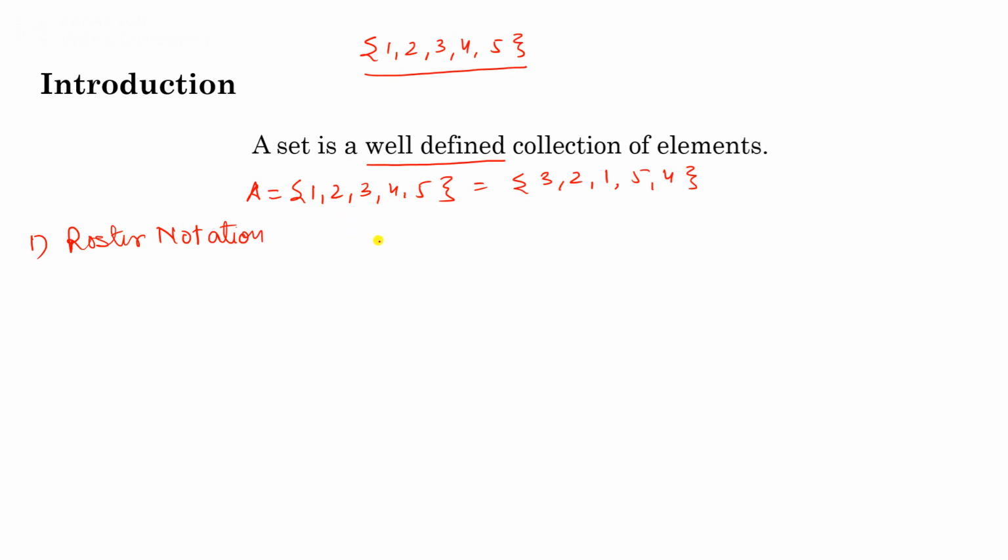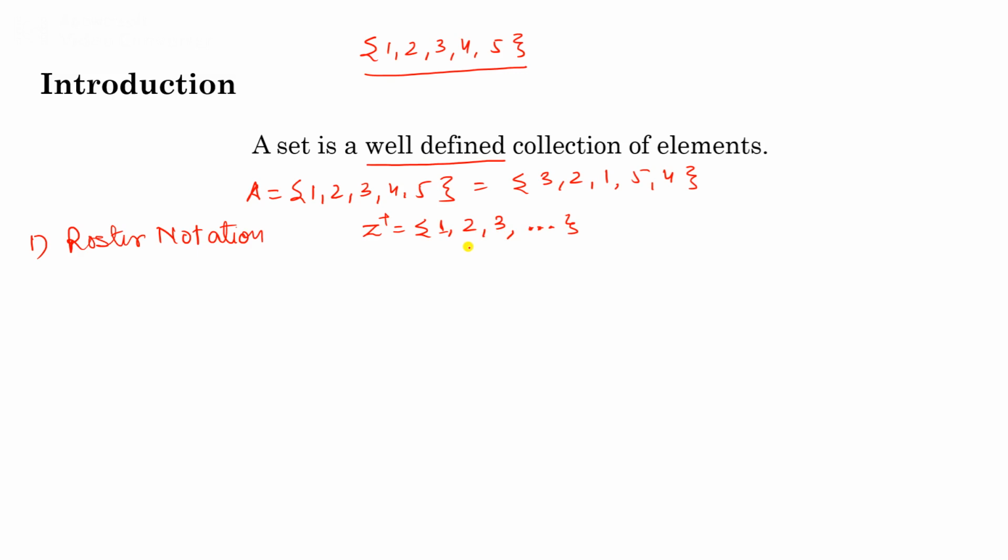For an infinite set, if a set has infinite elements, for example the set of positive integers, say Z plus, then you can write it as 1, 2, 3, and we use 3 dots. These 3 dots are called an ellipsis, and they denote the continuity of these numbers or the sequence.